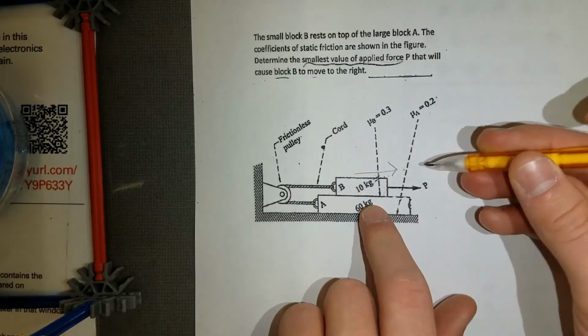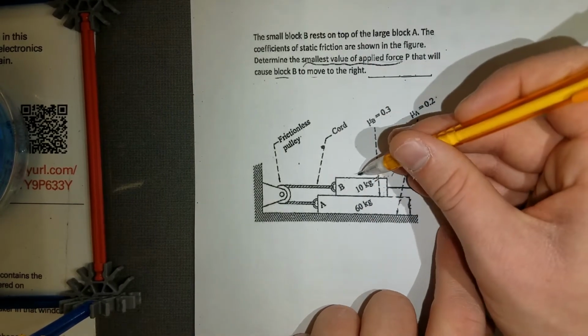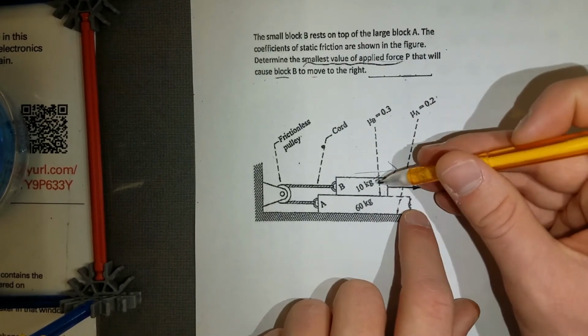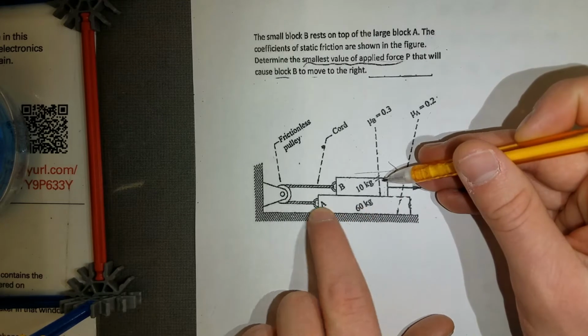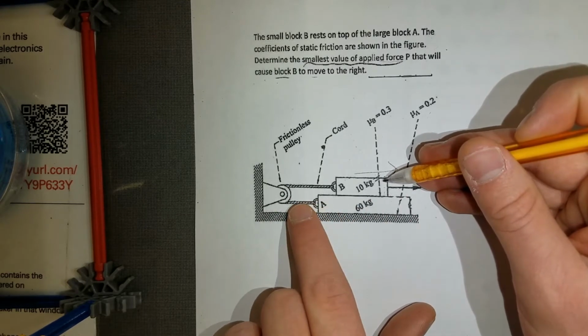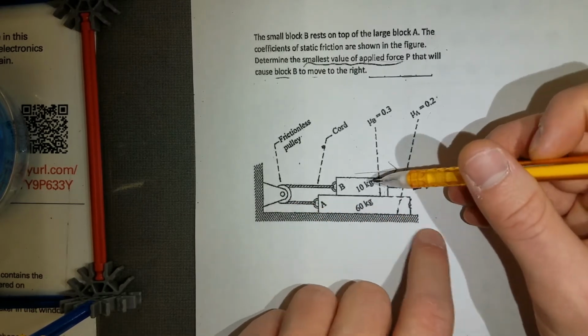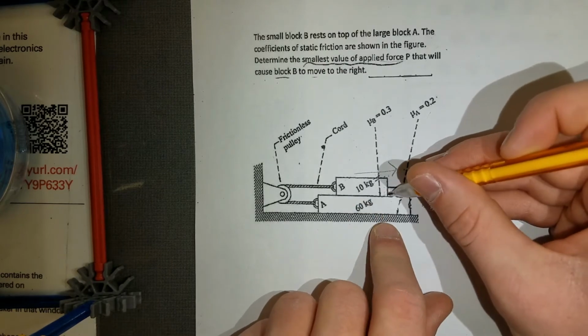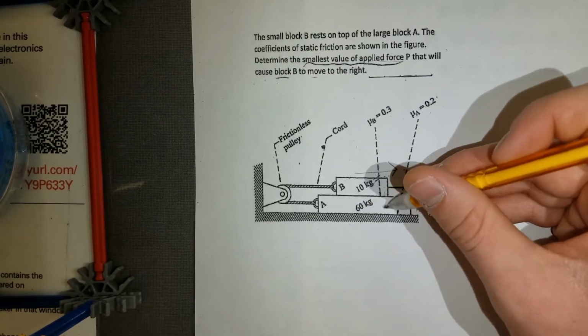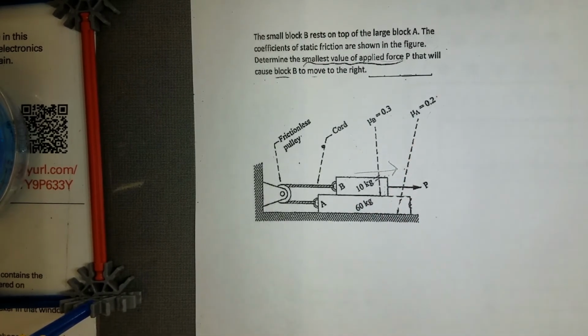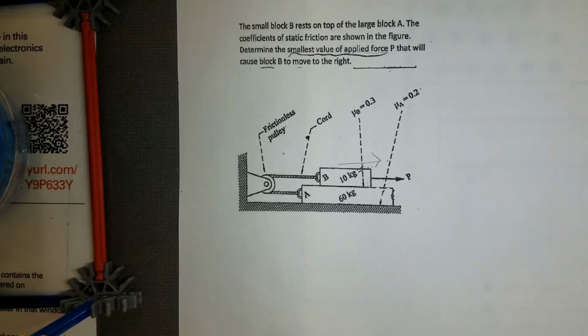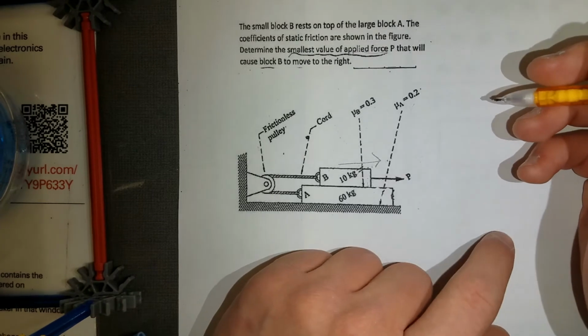So if B is moving to the right, A is going to have to be moving to the left. And to complicate things even more, there's friction forces between both of these that we need to take into account. So this is where free body diagrams are very helpful and very necessary for these types of problems.